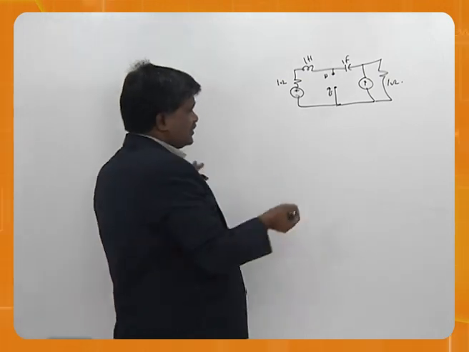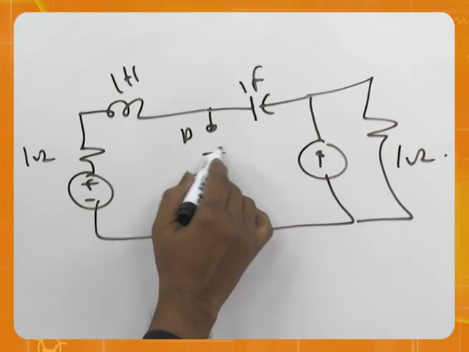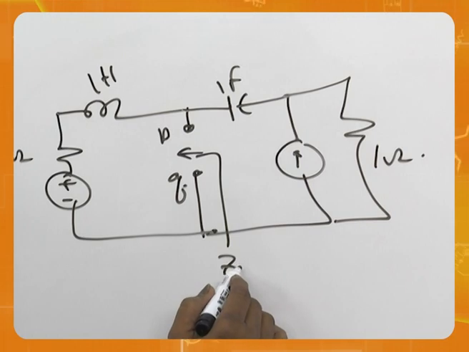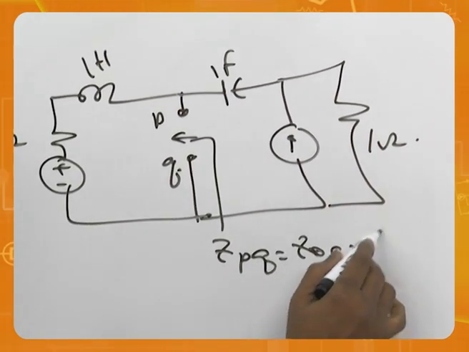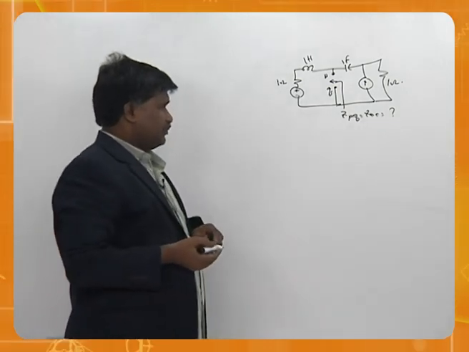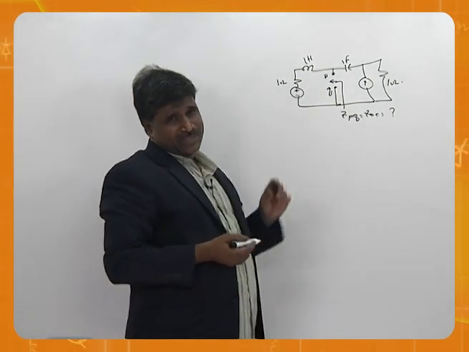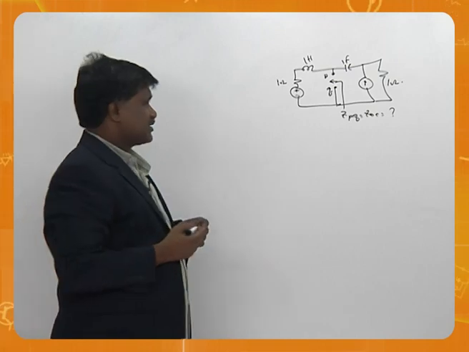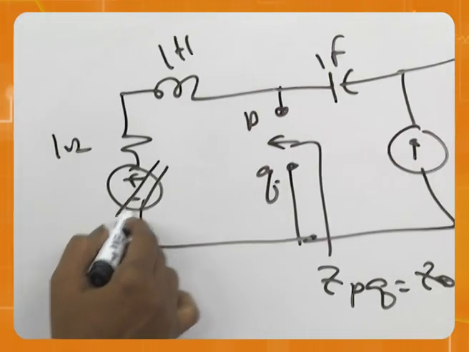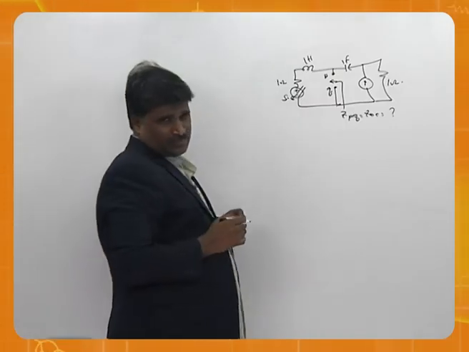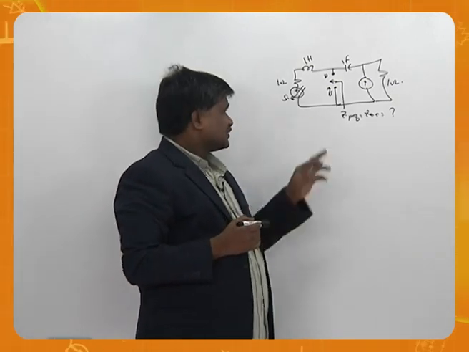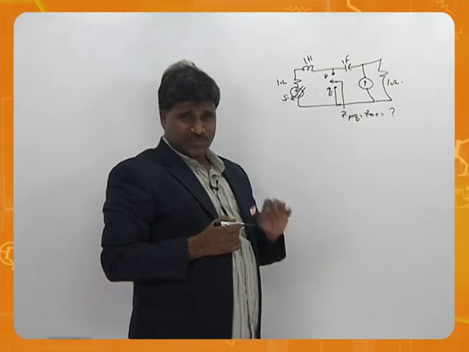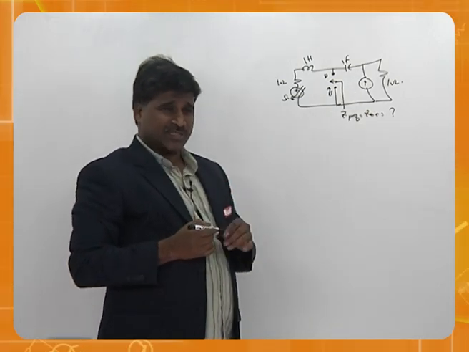In fact, he is asking simply the impedance between PQ. When you want impedance, the best way is that the independent source is made inactive. Please remember, as I have been telling, when there are independent sources, you can always go for short circuit or open circuit.